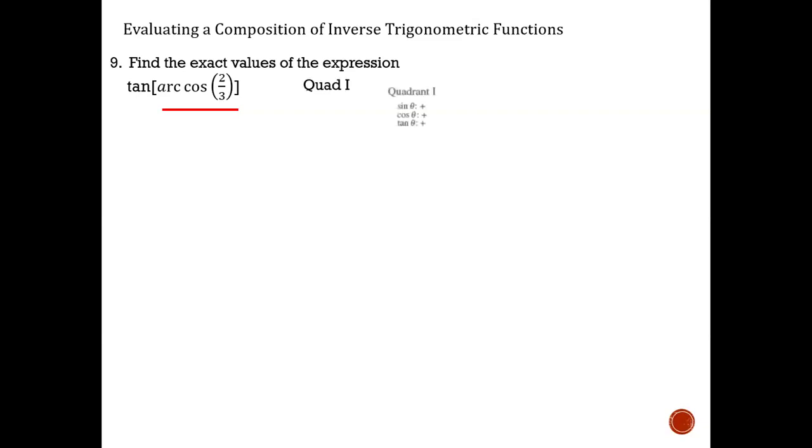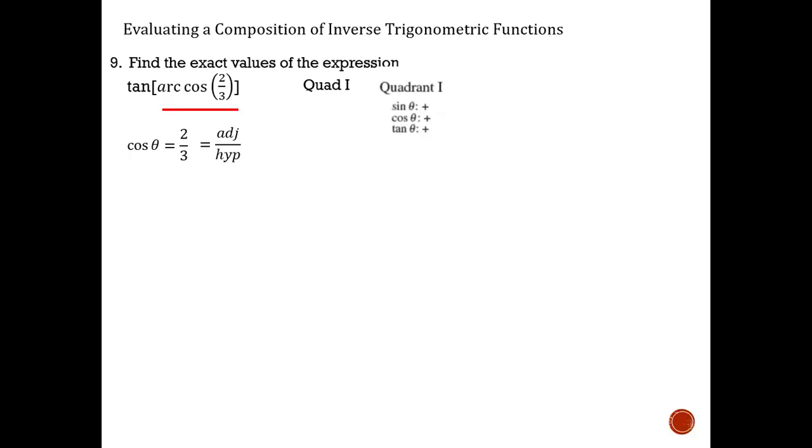Cosine in quadrant one is positive. So here we have cosine of theta is equal to 2/3, which is a positive value, right? So this is where I get this angle: cosine of theta is equal to 2/3, but the angle is equal to the arc cosine of 2/3.